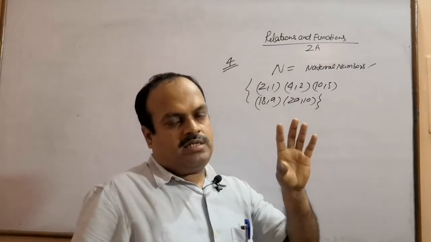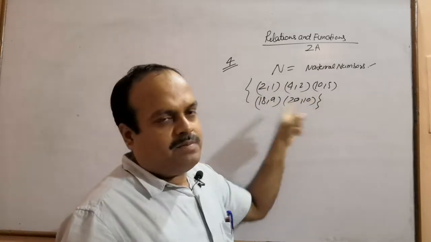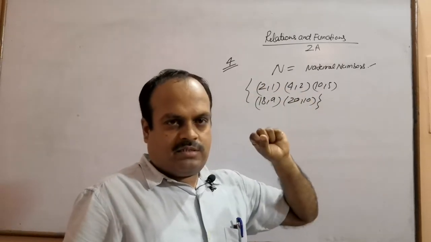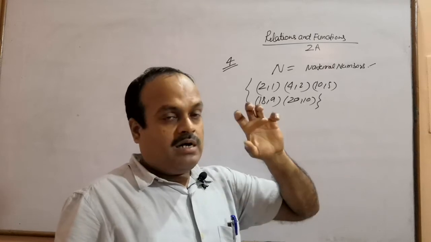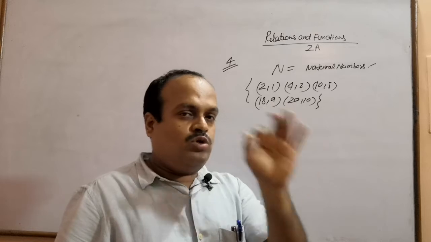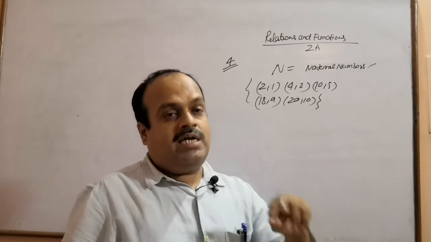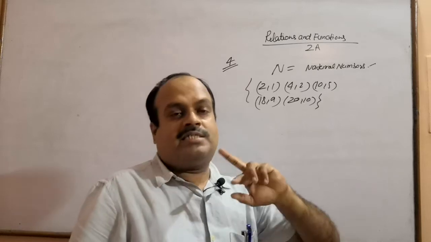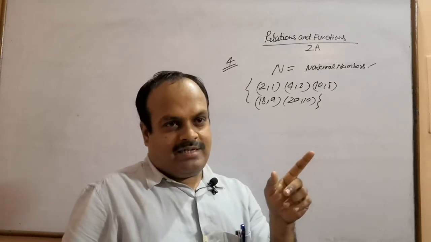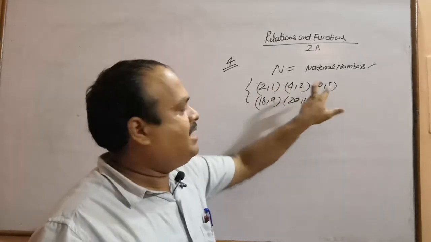on which pattern the elements of this relation are arranged. I mean, we will have to go through every element carefully and see how the first entry and second entry of every element are related.